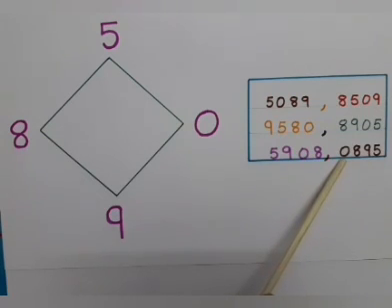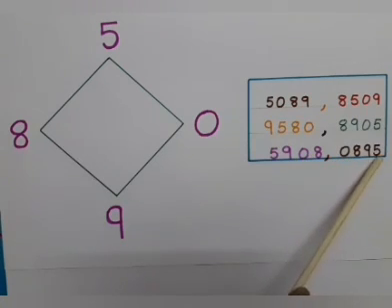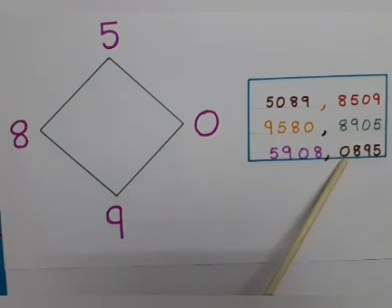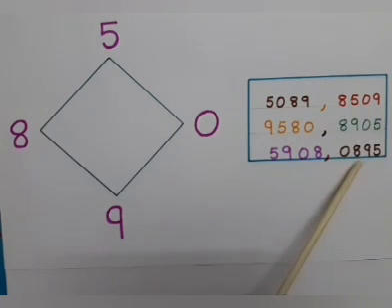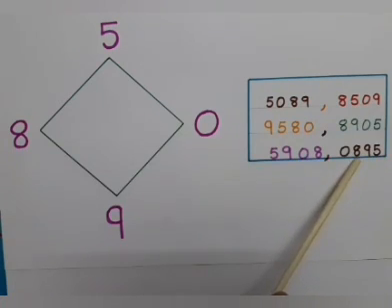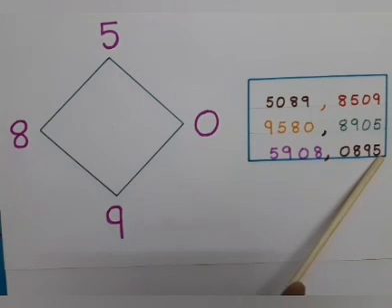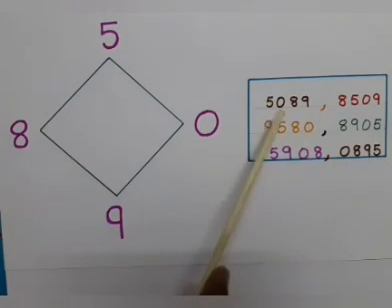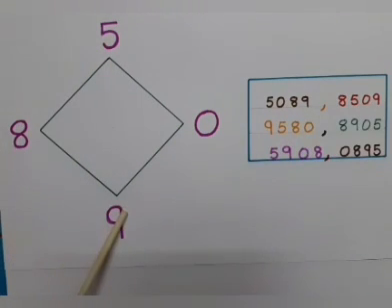Now children, as we had learnt earlier, if you begin your number with the number 0, then this 0 does not have any value. Okay, so then our number is only 8, 9 and 5. So it is 895. Now children, here we formed 4-digit numbers using these 4 numbers.